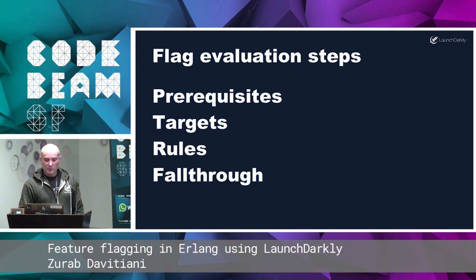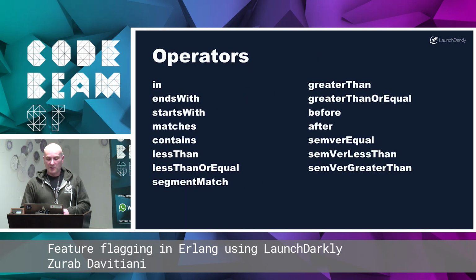And each rule could have multiple clauses. And clauses have operators. And these are the operators that LaunchDarkly supports. You could use these operators to compare any user property to any value defined in the flag rule clauses. And these operators also work on lists of values.